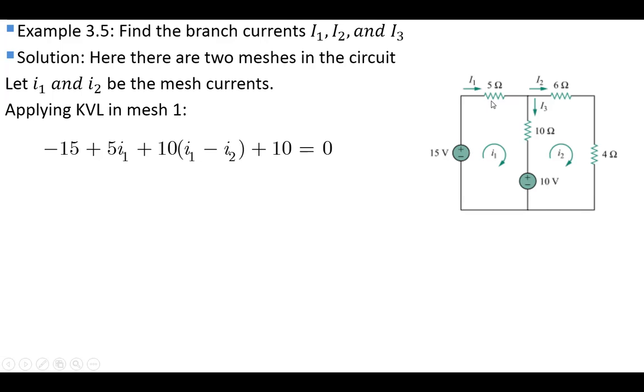So the voltage across the 5 ohm resistance will be 5 multiplied by I1 only, because only I1 current is flowing through this resistance. But because the 10 ohm resistance is common between mesh number 1 and mesh number 2, and we are writing the equation for mesh number 1, the current in this resistance as seen from mesh number 1 will be I1 minus I2. So the voltage will be 10 (I1 minus I2).